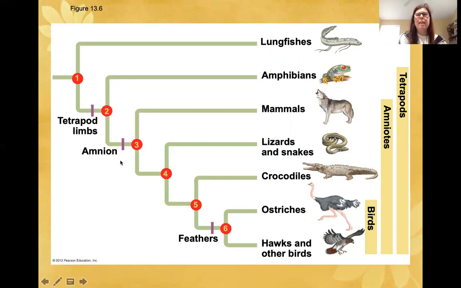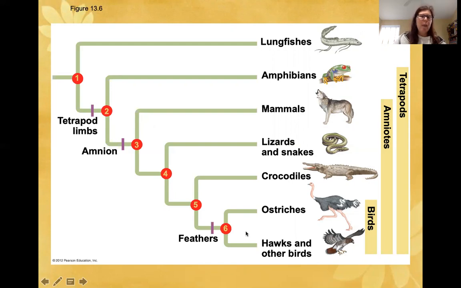Then we have the amnion, which is the amniotic egg. These structures allowed them to lay eggs on land, or, when we talk about mammals, to have a placenta, so we take that a little further. Then they separated out based on feathers.